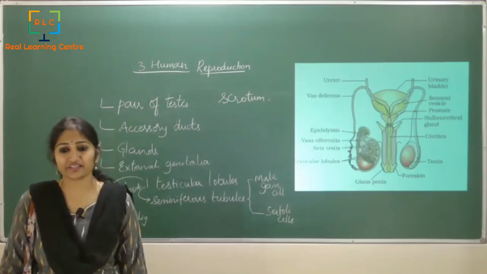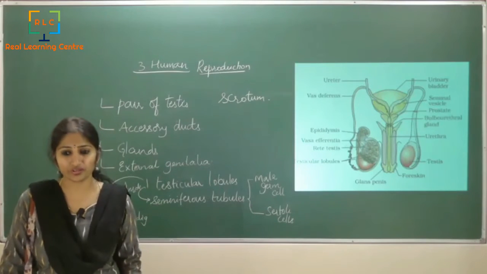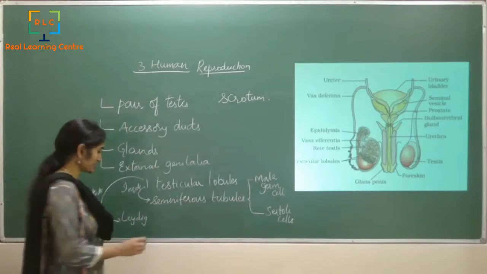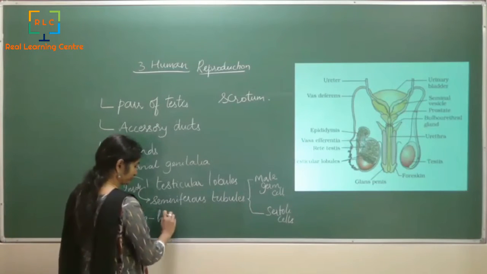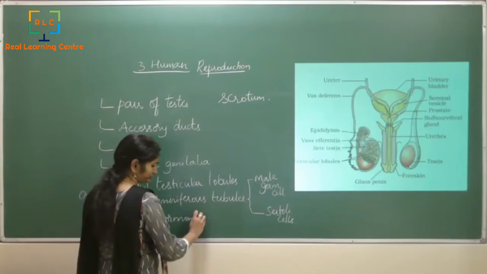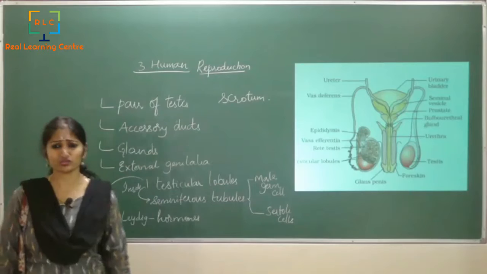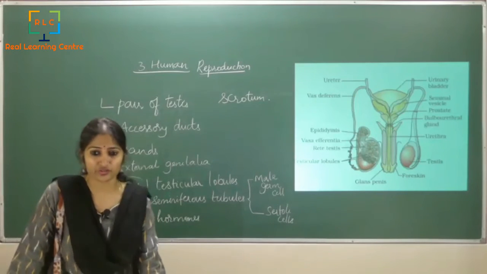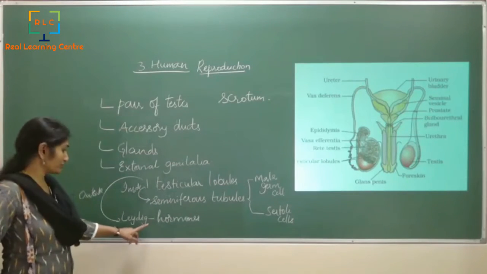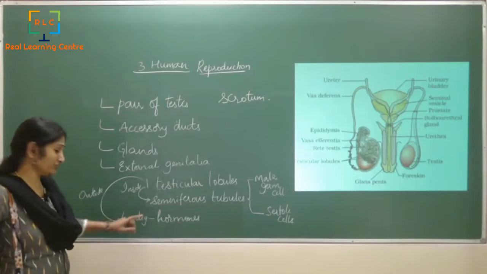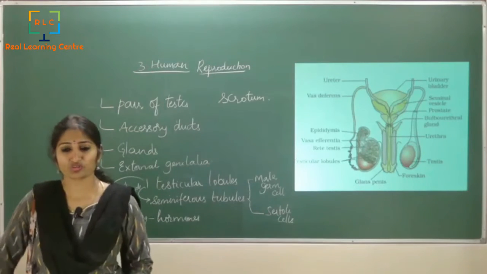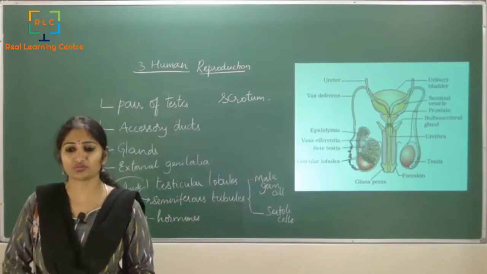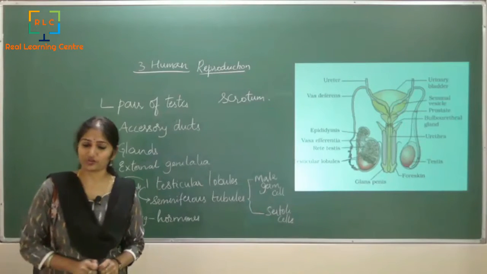Leydig cells are very important because these are the ones which secrete the hormones, especially the male hormones. The male hormones are called androgens, right? So they are produced here in the Leydig cells. Leydig cells synthesize and secrete testicular hormones called the androgens.